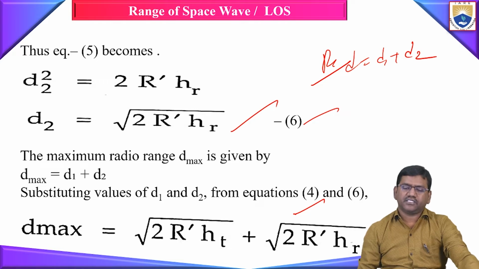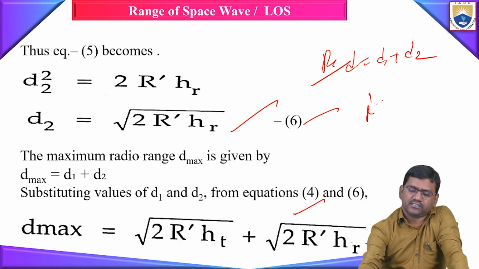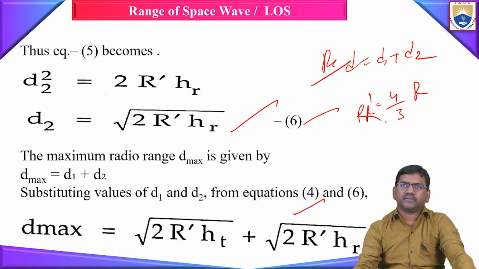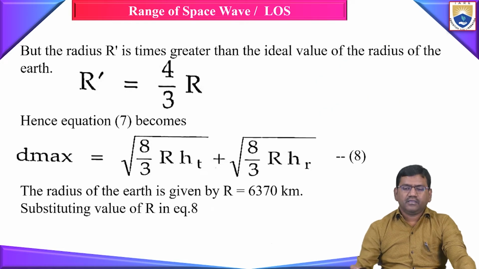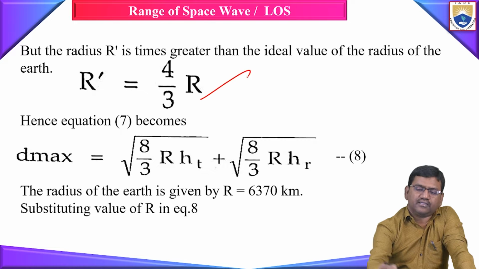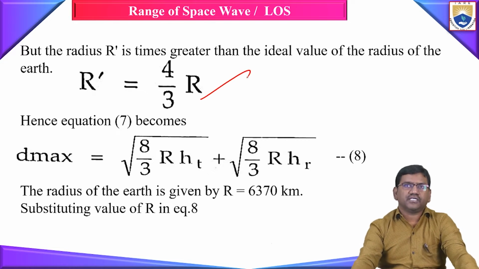The effective radius of the earth is given by R dash is equal to 4 by 3 into R. So there is a relationship between the effective radius of the earth and the actual radius of the earth, where R dash is equal to 4 by 3 into R.